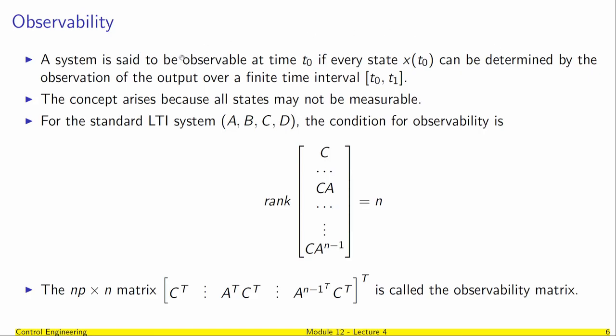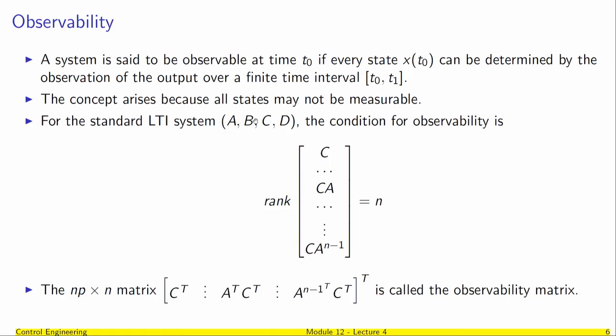Okay. So, what is the definition? The definition says that the system is observable at time t0 if x at t naught can be determined by the observation of the outputs over the time interval t naught to t1. Again, these are important because all states may not be measurable.